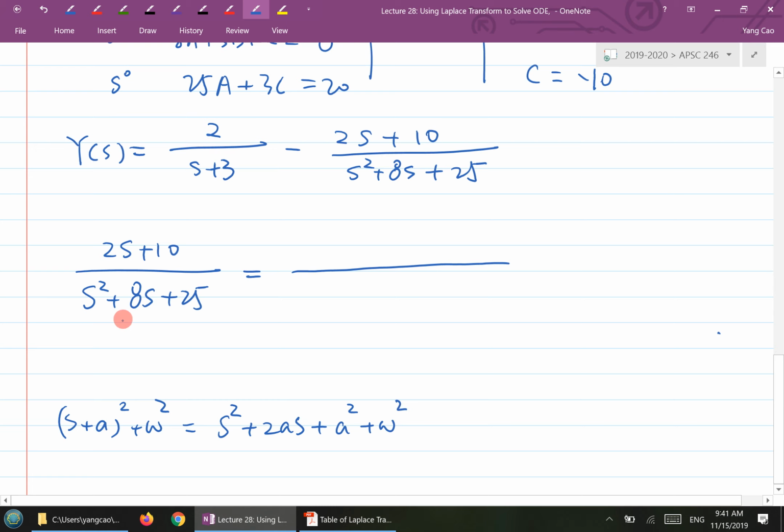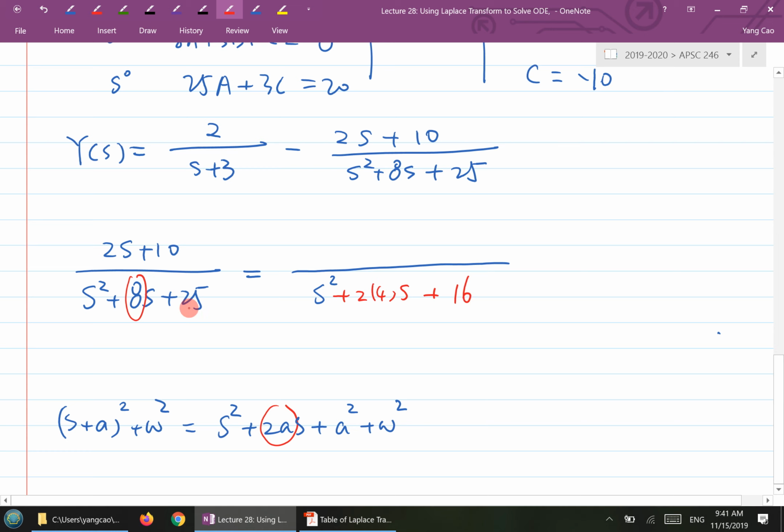So here's the bottom: s² + 8s + 25. If I want to write it into this formula, what do I need to do? This 8 here is 2a, right? So the small a is equal to 4. So that's 2 times 4, and a² should be 16.